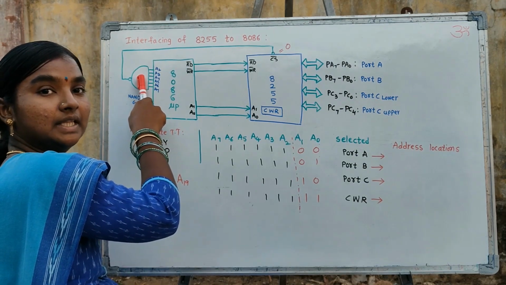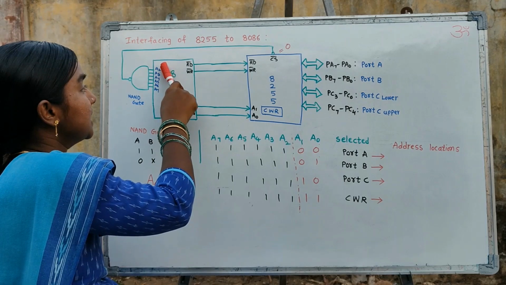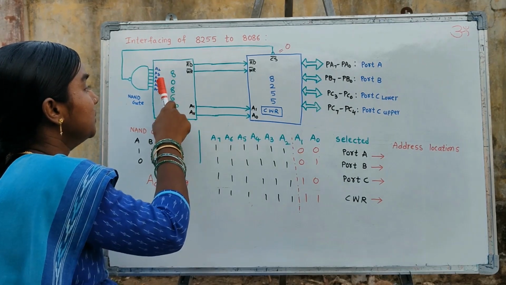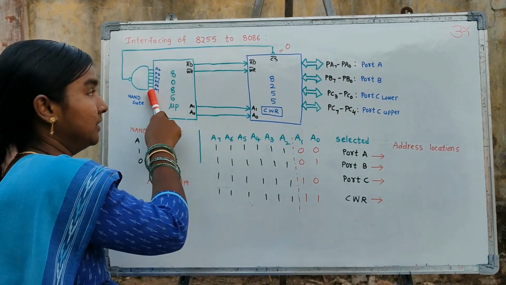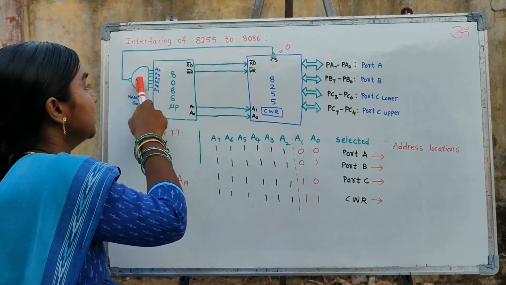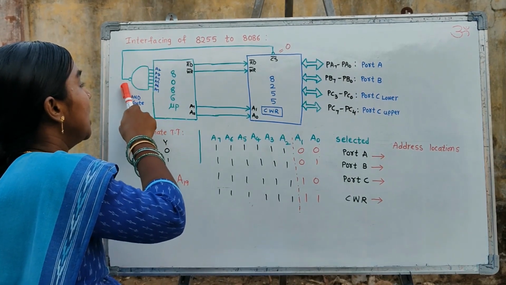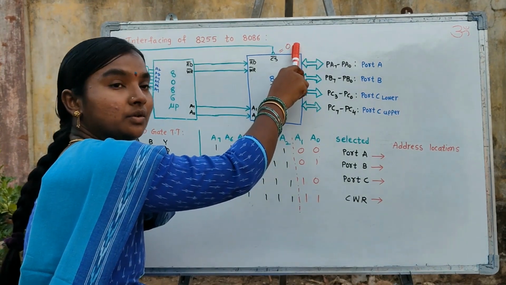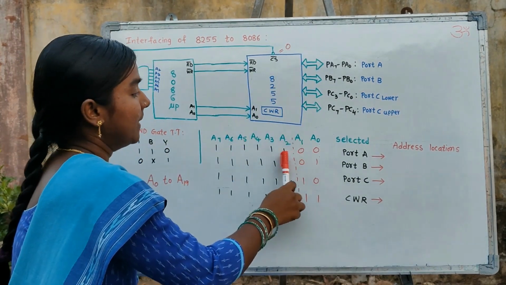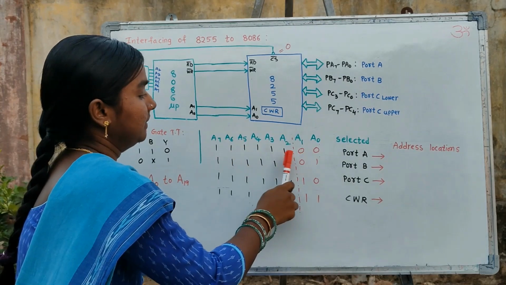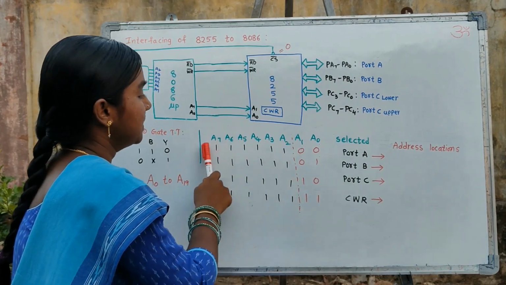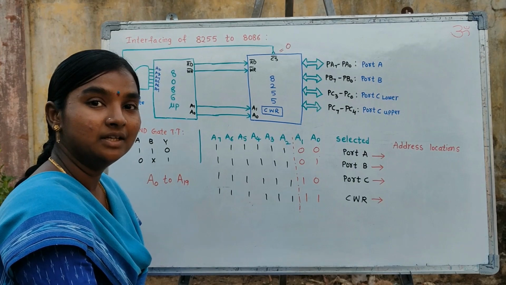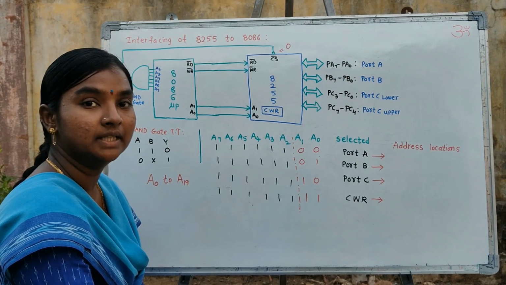The NAND gate input connections are from address line A2 to address line A7. We connect these inputs to the NAND gate, and the output definitely gives a chip select value equal to 0, by considering the values of A2 to A7 all ones.